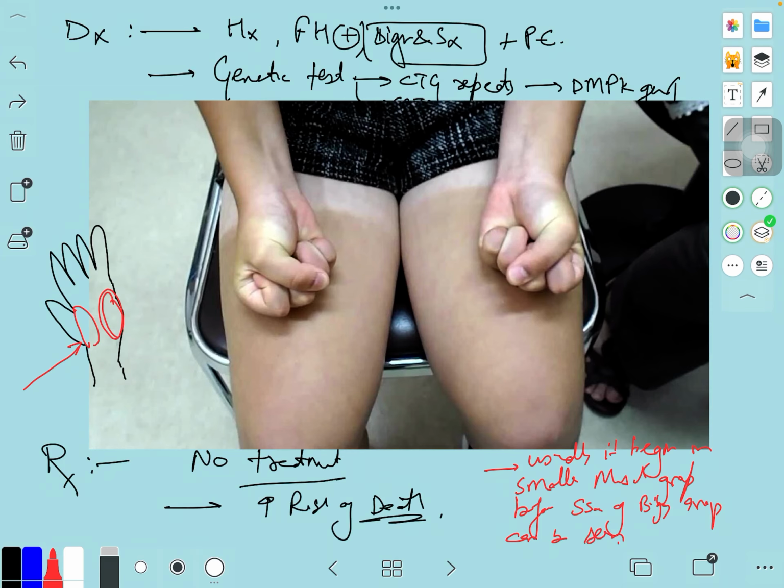So let's say the thenar muscle or the hypothenar muscle gets affected, and we tap with an instrument, like a hammer.